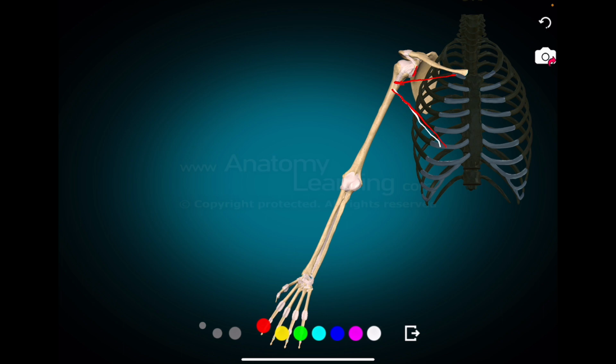Then from the coracoid there is the coracobrachialis, which is attached to the middle of the medial border of the arm, and all the muscles that are forming the posterior axillary fold.